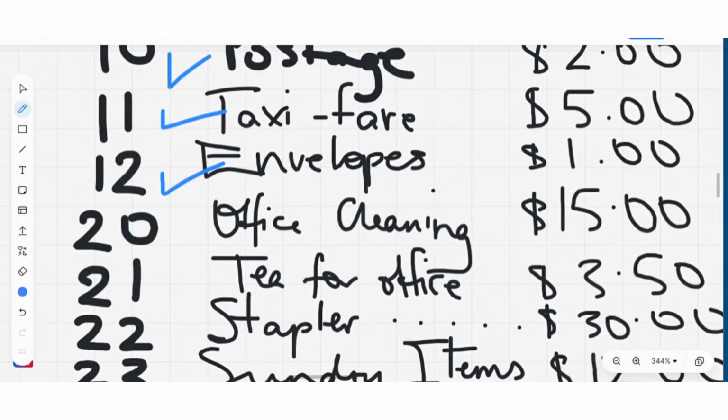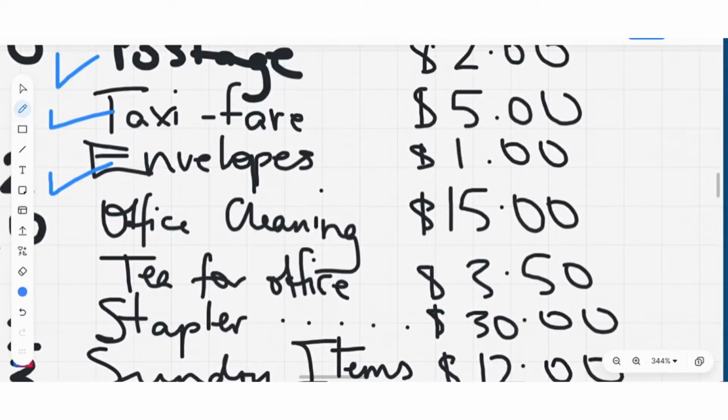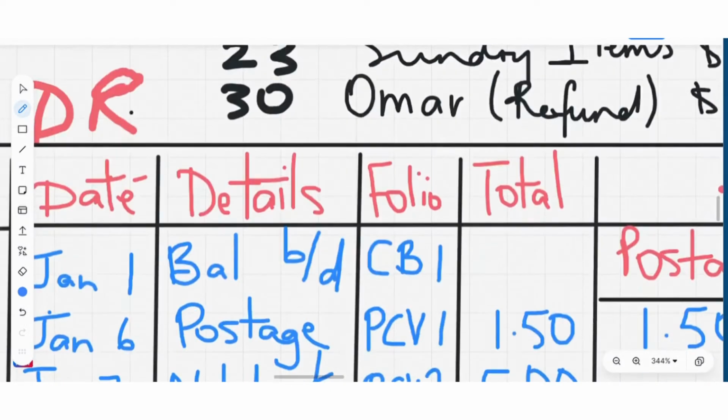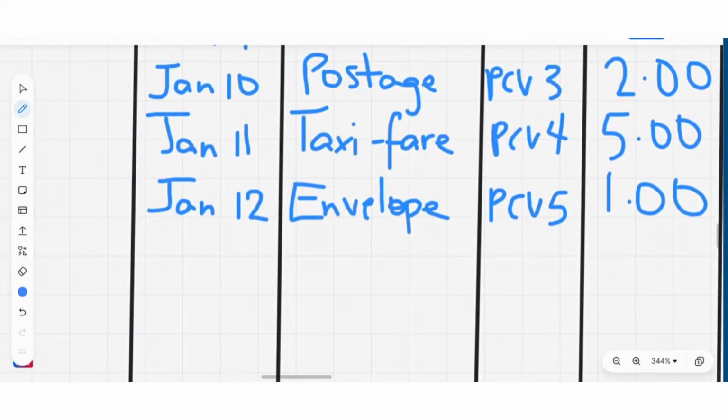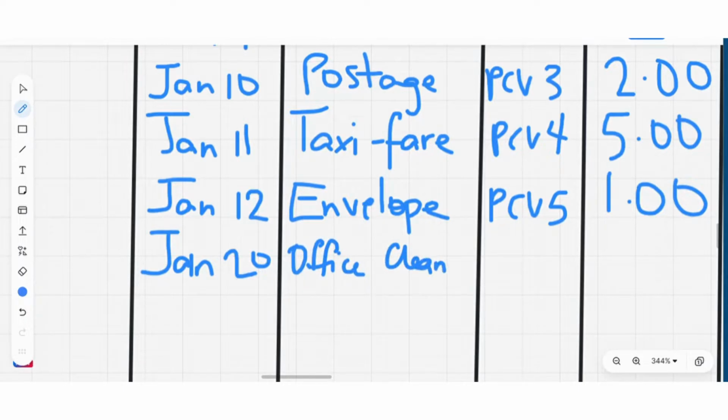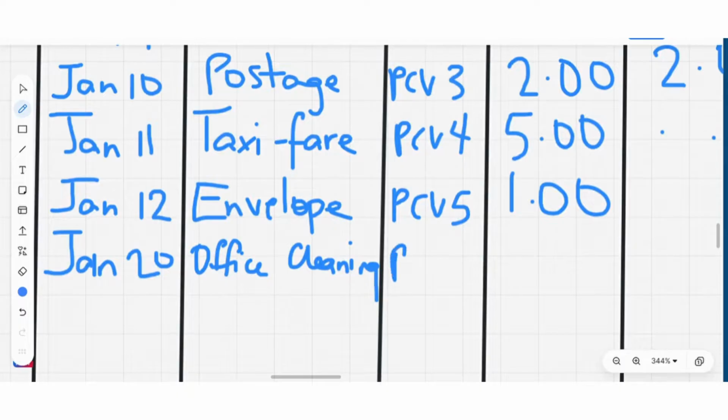January 20, office cleaning. So to clean the office, it cost them $15. So January 20, office cleaning, petty cash voucher 6.